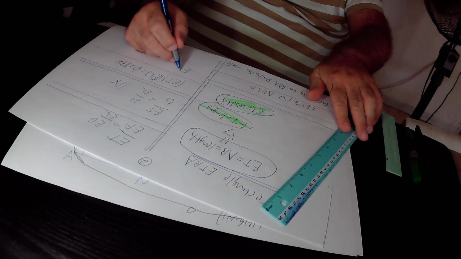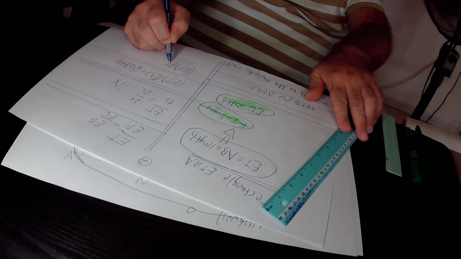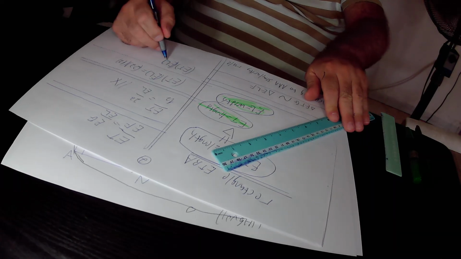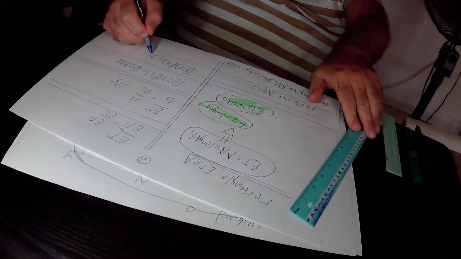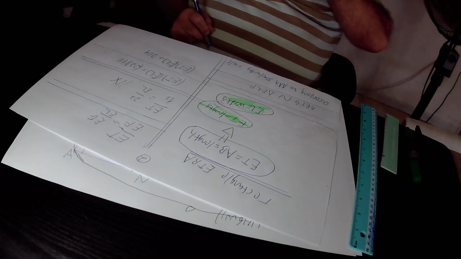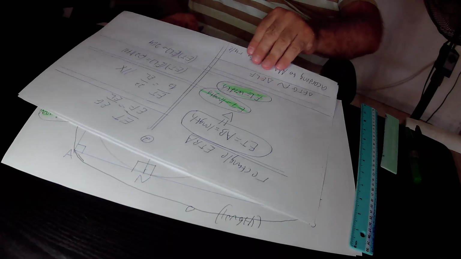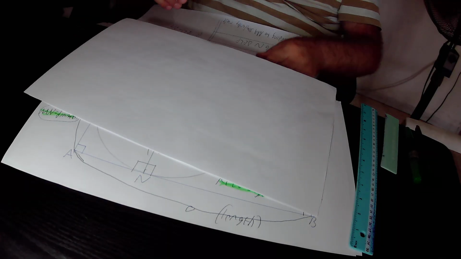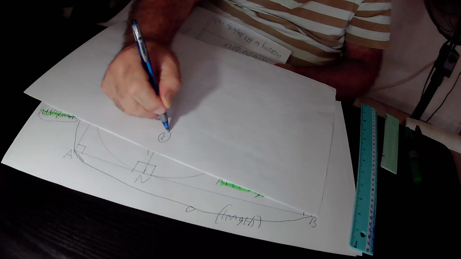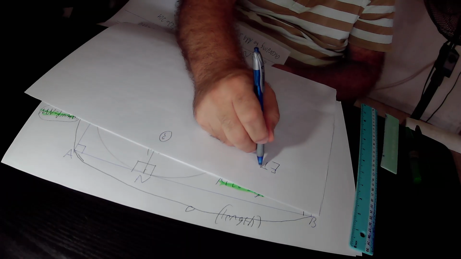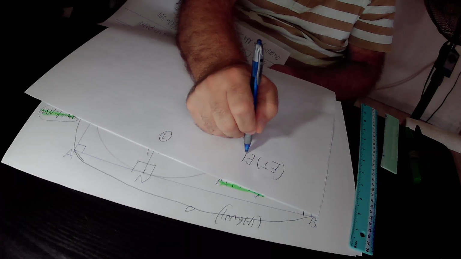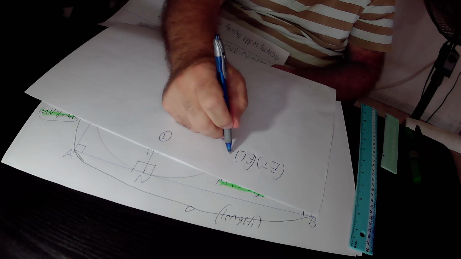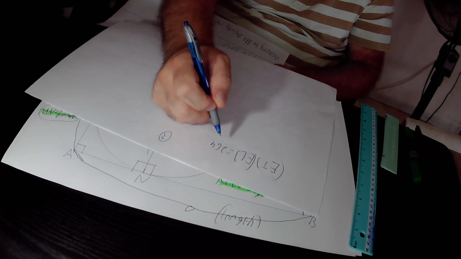So ET times EL is equal to 22 times 12. 22 times 12 is 264. So in total, we found out that ET times EL is equal to 264.